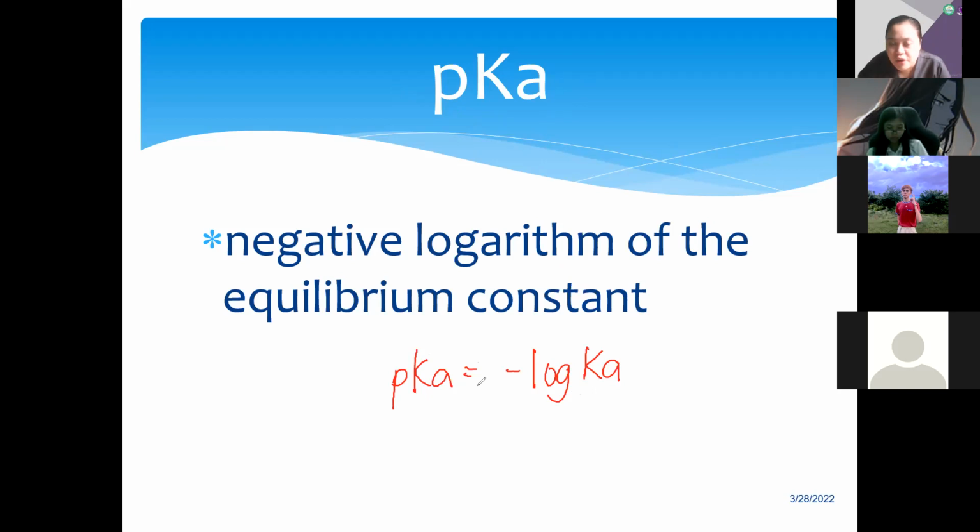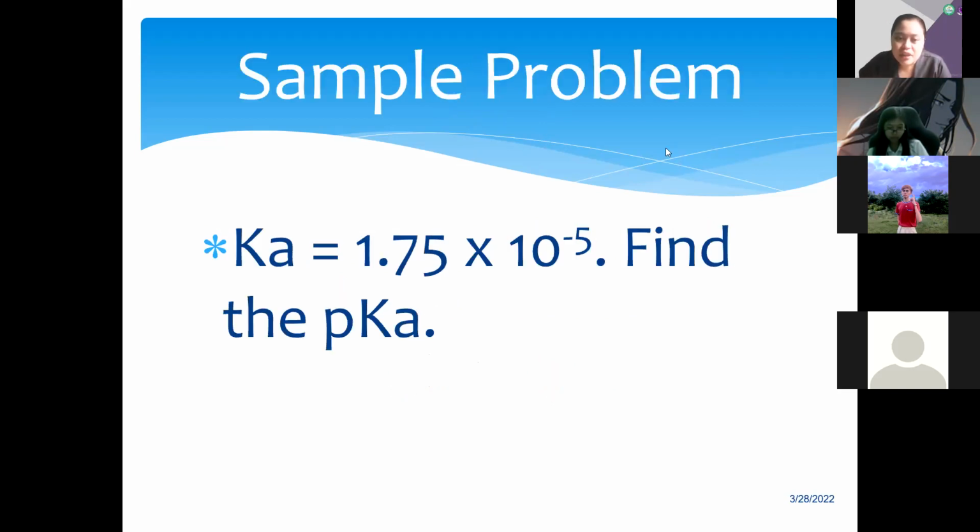Okay, this is the formula for the pKa. Again, negative logarithm of the Ka, acid dissociation constant. So sample problem, the Ka here, the acid dissociation constant is 1.75 times 10 raised to the power of -5. Find the pKa.